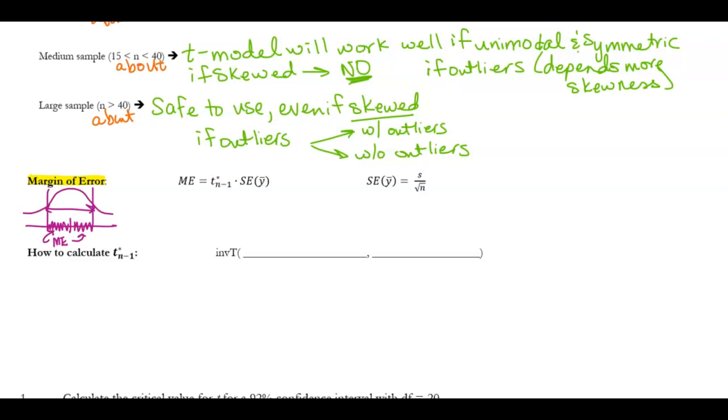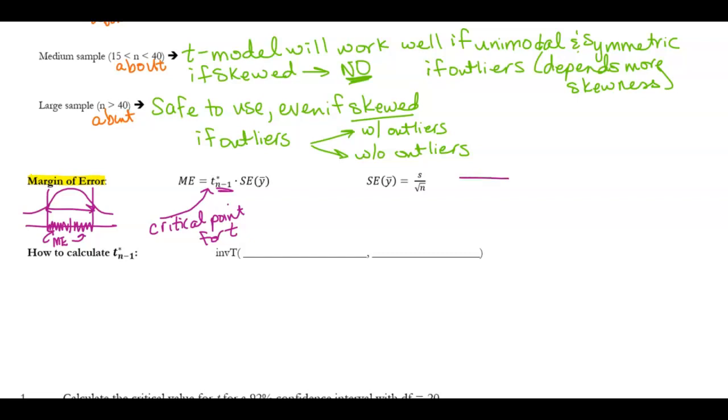So when we did our confidence interval for proportions, our letter here was a Z because it was proportions. This is our critical t. So it's the critical point for t. And again, it's based on degrees of freedom, so that's why it's n minus 1.